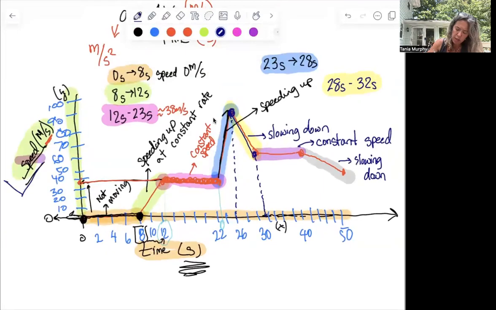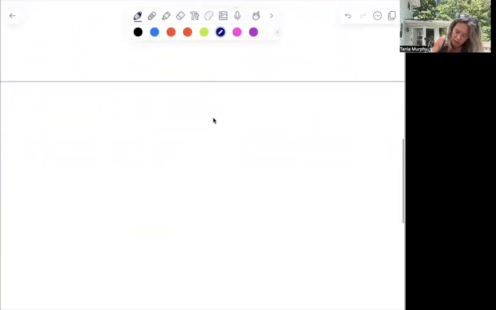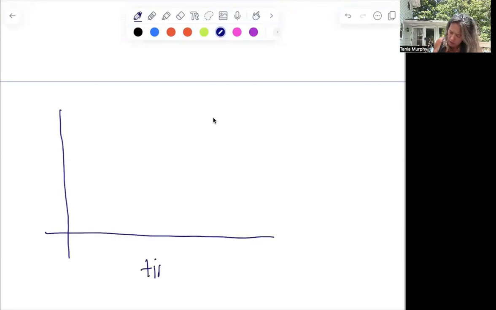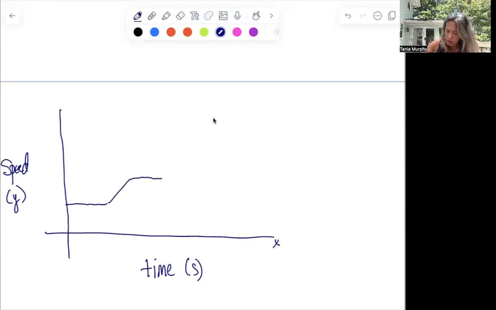Once again, we've got speed on the y-axis and time on the x-axis. If we look at that one more time, time on the x, speed on the y, we see we are constant speed, speeding up, constant speed, slowing down all the way to a stop because that's 0 meters per second.